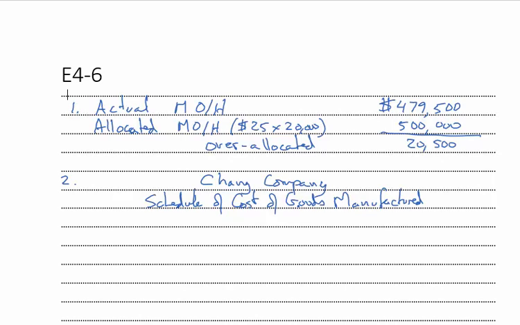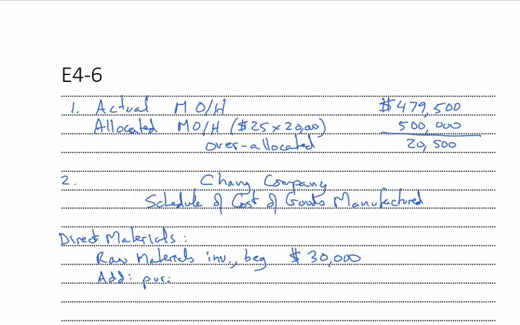Okay, so the first heading, direct materials. And so we have raw materials inventory, beginning, and I'm going to abbreviate just so I've got a bit of room here. And for that we've got $30,000.